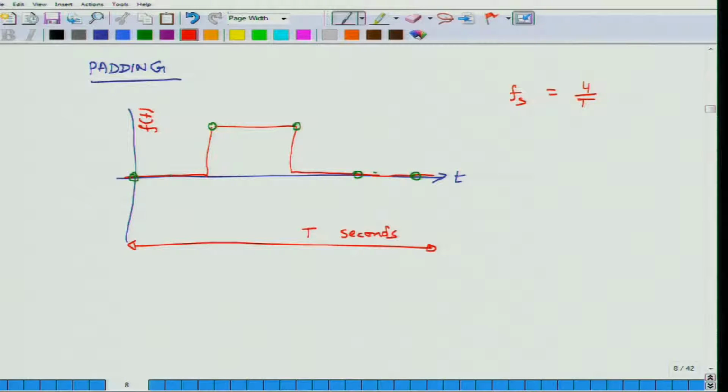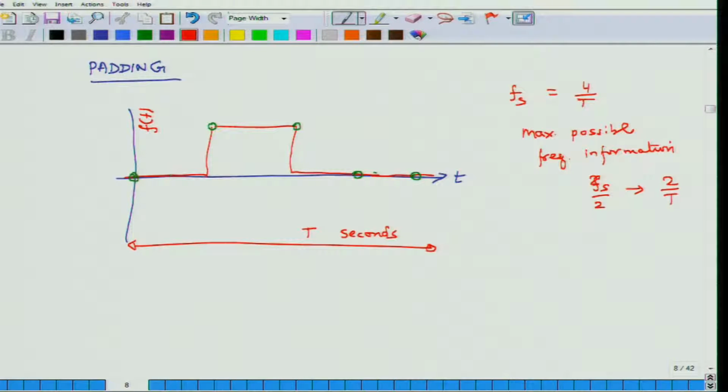Then the maximum possible frequency information which I will get will be Fs over 2, that is 2 over t, right?